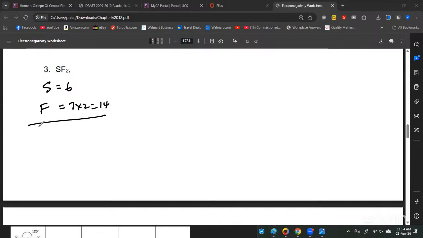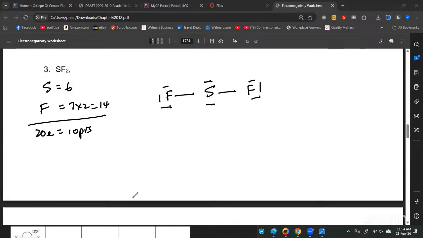So we add this up and we get a grand total of 20 electrons, which will equal 10 pairs. Okay, very good. What next? Sulfur in the middle, surrounded with the fluorines. And then what? A pair between both. Okay, very good. Bonding pairs first. Then 3, 4, 5, 6, 7, 8, 9, 10.